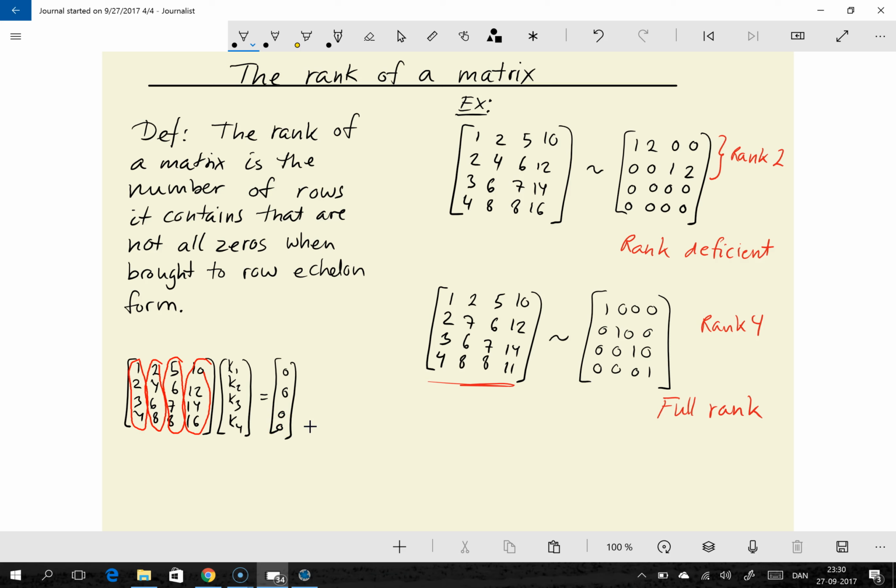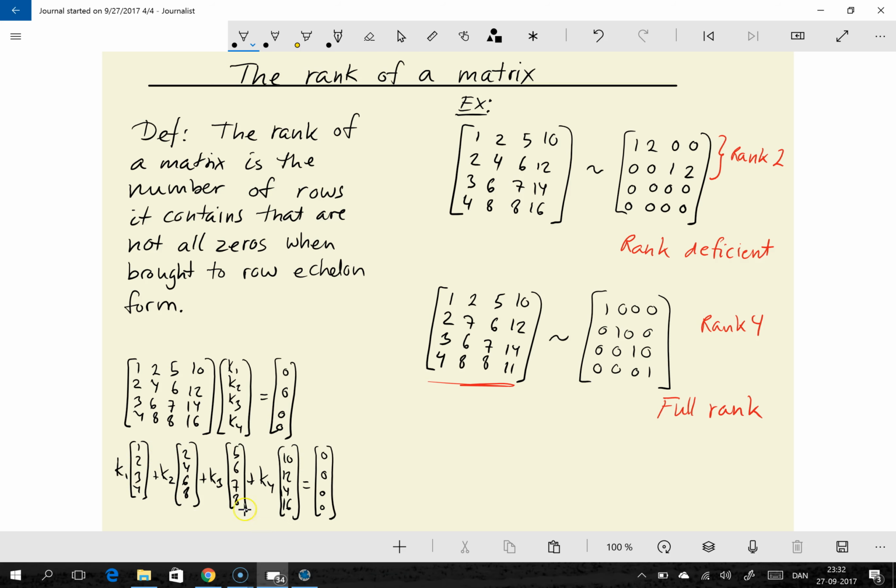In other words, this is the equation we're trying to solve here. And it turned out that the solution looks like this.